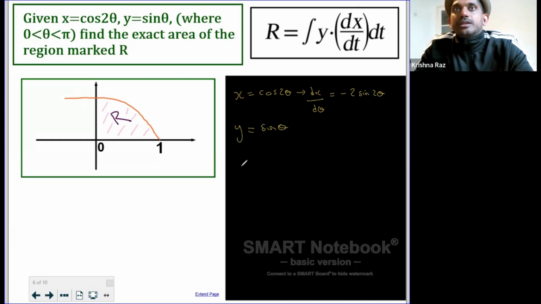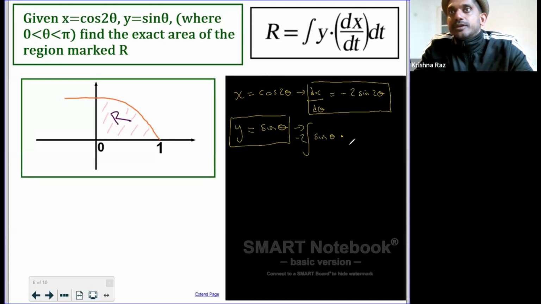So we need to find R, and that is equal to the integral of y times -2 sine 2 theta.